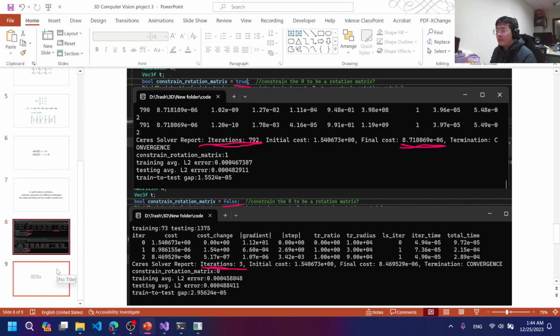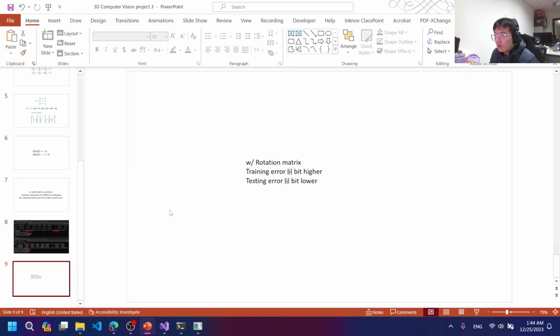So what does this mean? What's happening is that it's helping to reduce overfitting. That's the main point of enabling the rotation matrix. So you can see that our training error with the rotation matrix is not as low, it's not overfitting the model to our training data.